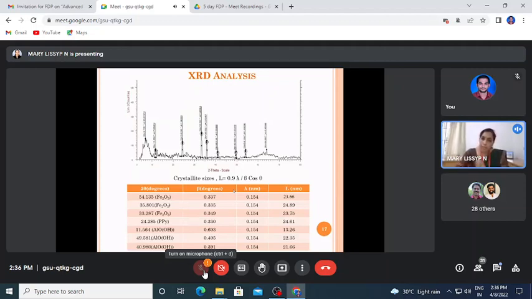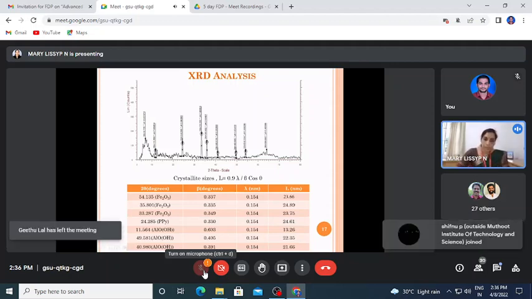The first analysis we do is XRD analysis, to find the crystallographic information. You get the crystallite sizes from this graph, and also the phase identification. In this graph you can see so many peaks, and so many diffraction angles are written here.